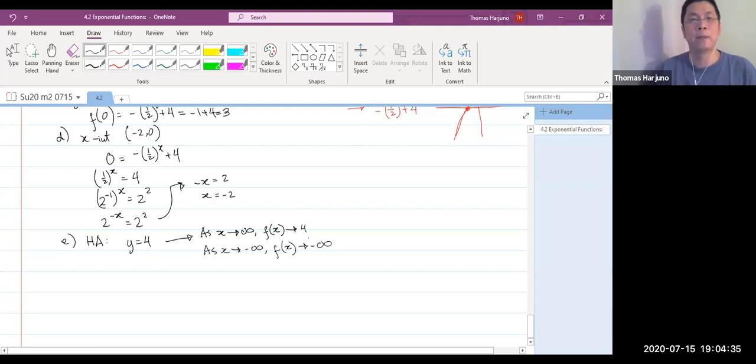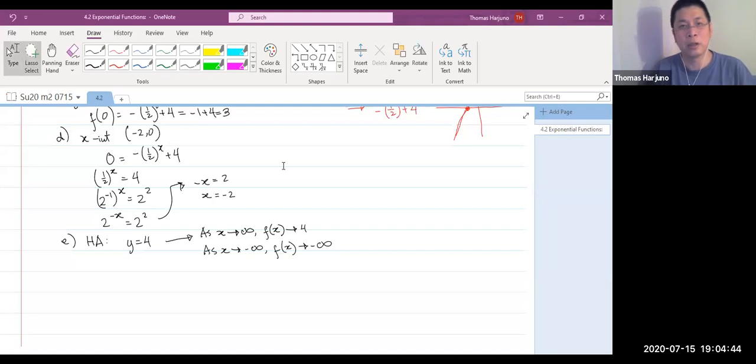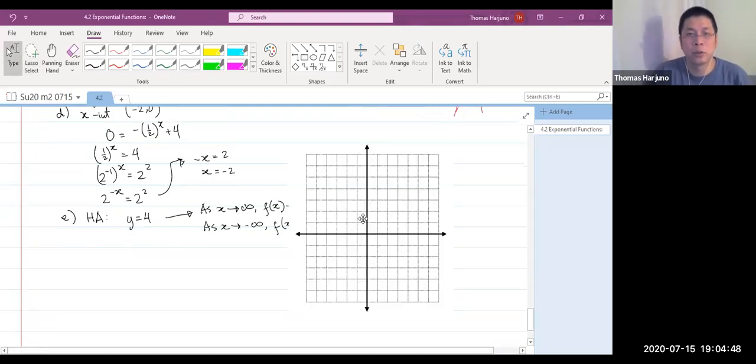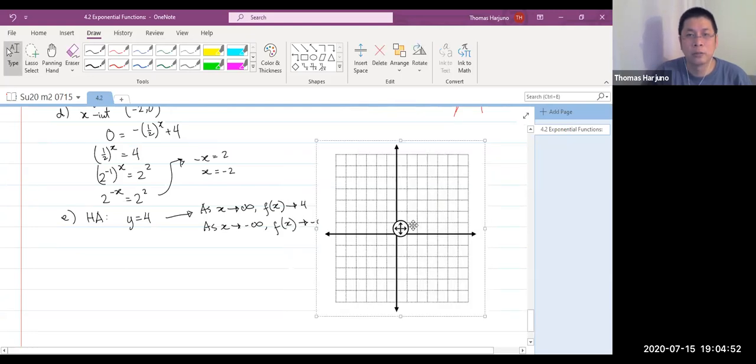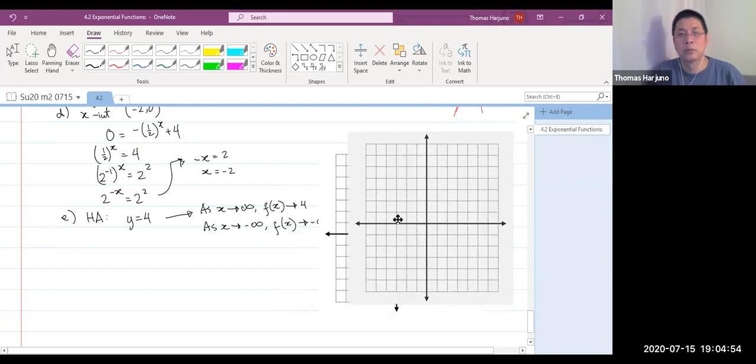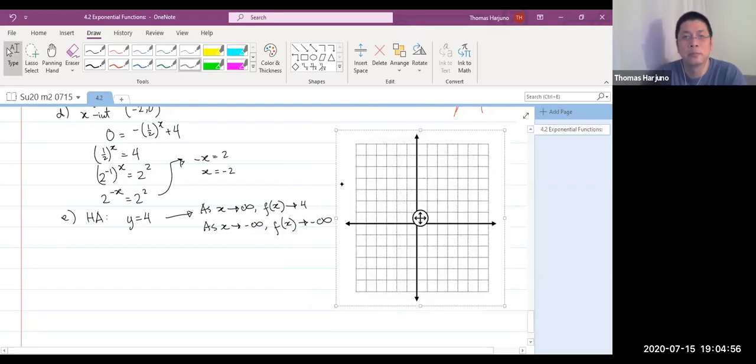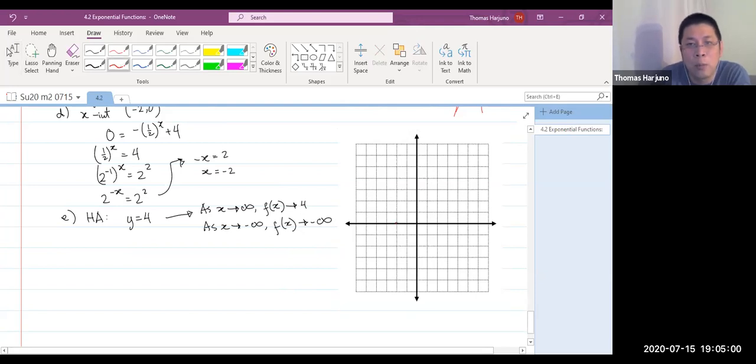Now let's sketch the graph. Then the x-intercept is (-2, 0).